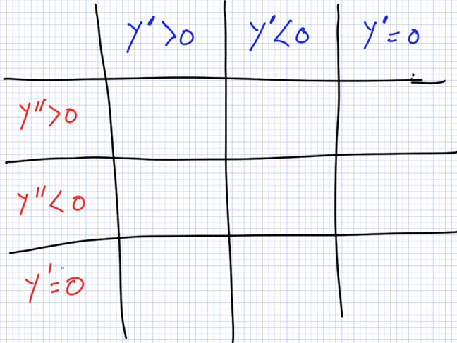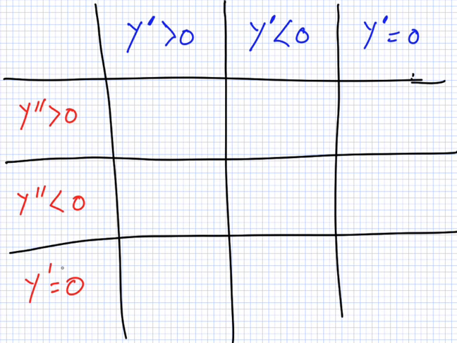What I want to put in each box is all the different shapes we can get. So the first box, the first derivative is positive. What does the first derivative represent? The slope of the tangent. So if it's positive, what's happening? It's increasing. What does the second derivative represent?